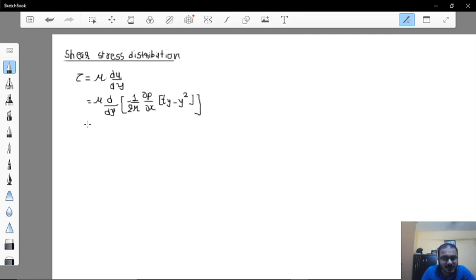So let's differentiate this, and we will be obtaining minus 1 upon 2 del p over del x into t minus 2y. So that is the value of shear stress tau.